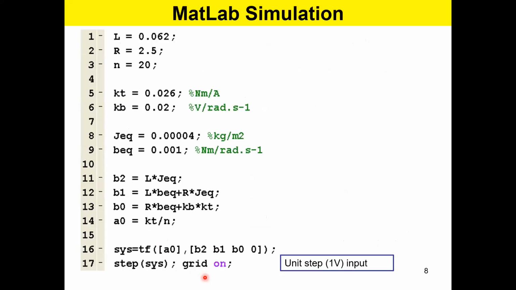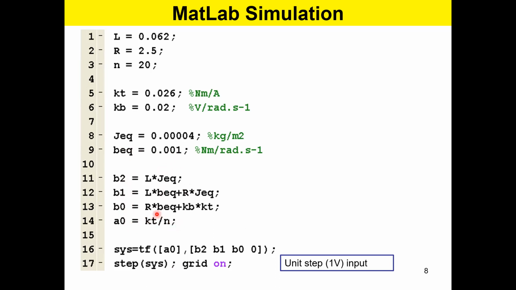So let's do a MATLAB simulation. We have the series inductance L, resistance, gear ratio. Our motor has a torque constant and back EMF constant, and the equivalent inertia together with the motor and the shaft is this much, equivalent friction or damping is this much. And from the model equation, we have B2, B1, B0, A0.